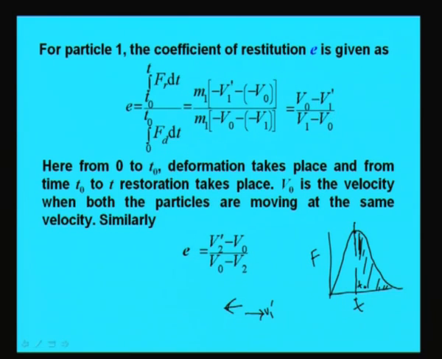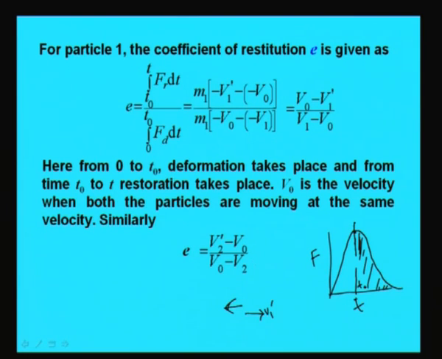Here from 0 to T0 deformation takes place and from T0 to T restoration takes place. V0 is the velocity when both the particles are moving at the same velocity.